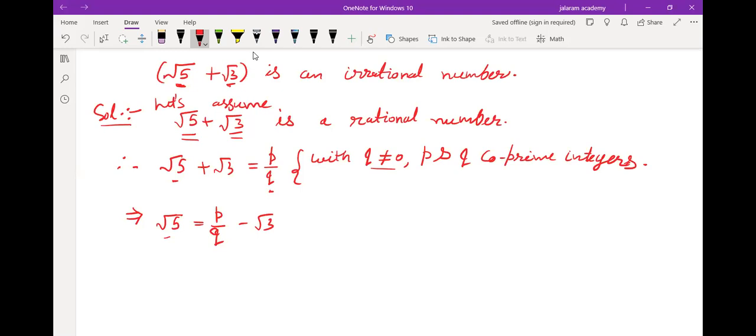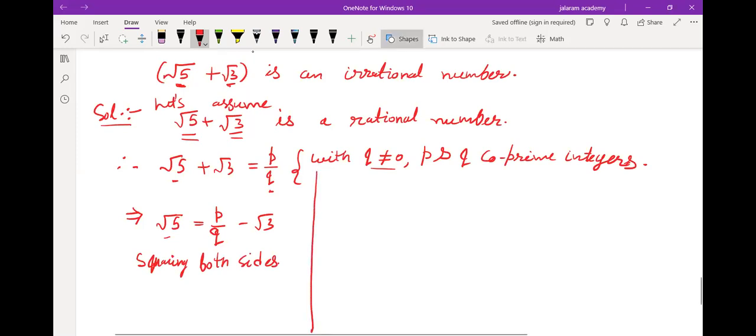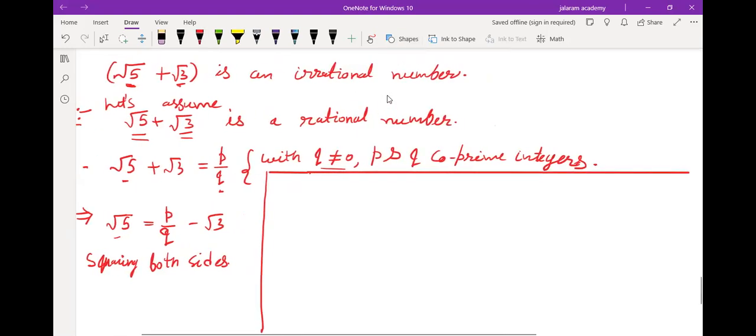So we write, squaring both sides. We will try to solve the remaining part of this question in this part.